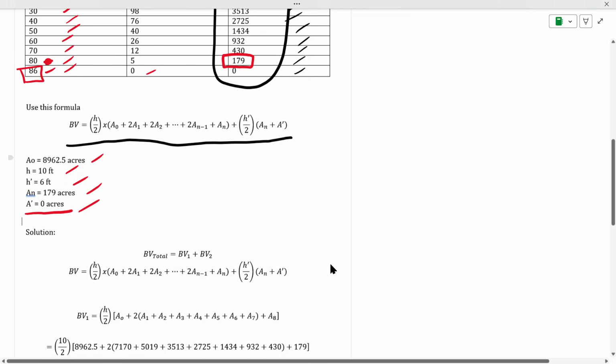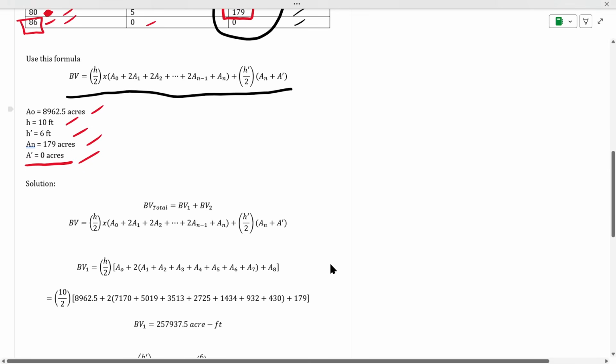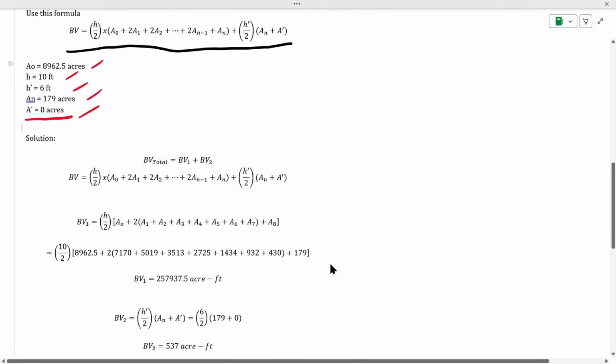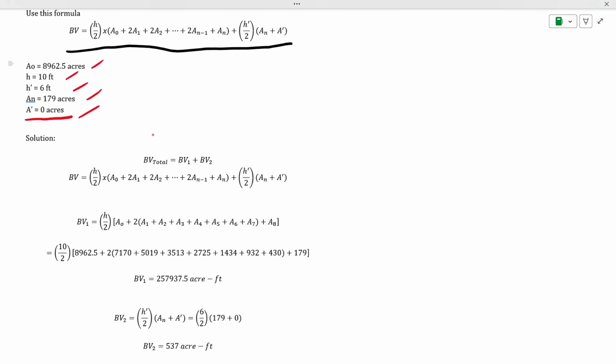So let's proceed to the solution part. I'm just showing you my solution, but we can have other solutions aside from this. I'm just giving you an idea how to calculate it, but you can try other ways of solving this.